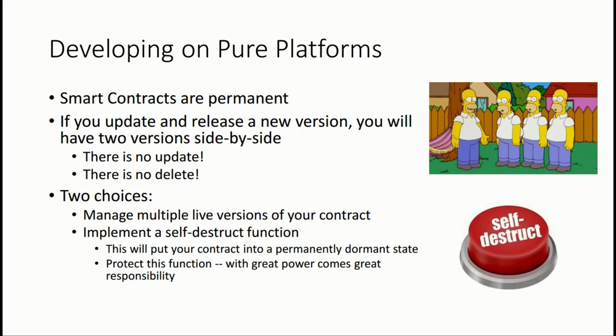There is no delete. The only thing we can do on the ledger is create or read. And so this creates some really unique concerns that software developers have not had to deal with in well over 2 decades. Software developers used to have to consider things like this.